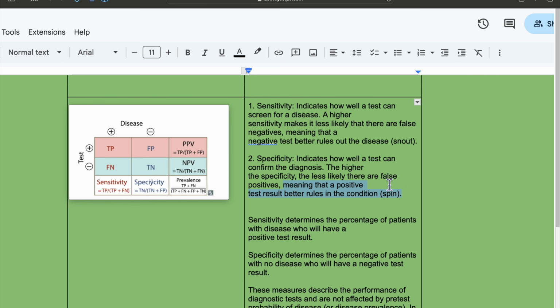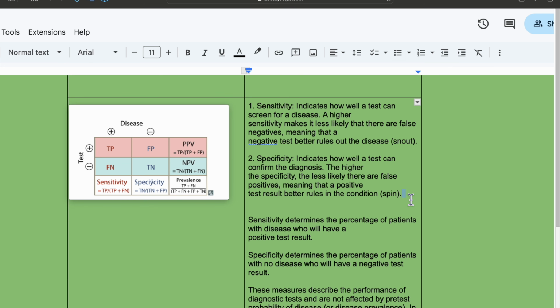And if you're getting confused by all of these, just go back to the example of SLE, right? So SLE or rheumatoid arthritis, ANA is a sensitive test, but it's not specific. So it will give you 96% sensitivity. If it's positive, then you know that ANA is positive, but you don't know which disease it is.